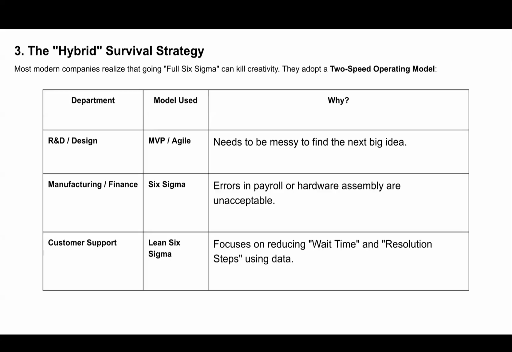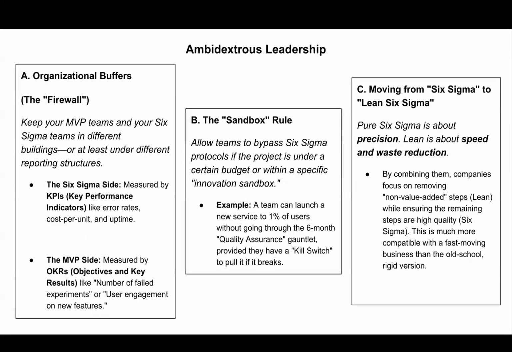If wait time bothers them or resolution steps are difficult, then that's what we'll do. So you can see here that within one organization, you can have a variety of approaches going on. You just have to figure out how that's all going to come together so that it works fluidly.